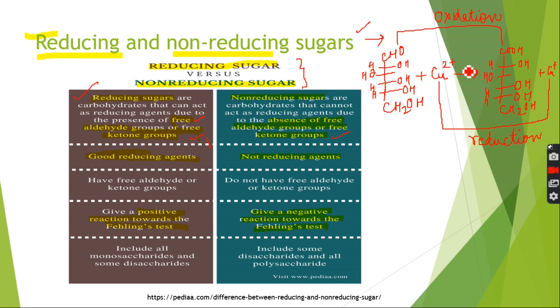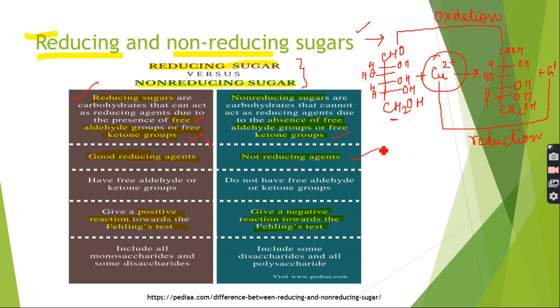You can see +2 becoming +1, so reduction, because the carbohydrate is undergoing oxidation leading to reduction of this species. Therefore we are calling it reducing sugar. This sugar is able to reduce Cu2+ to Cu+, and therefore it is reducing sugar.